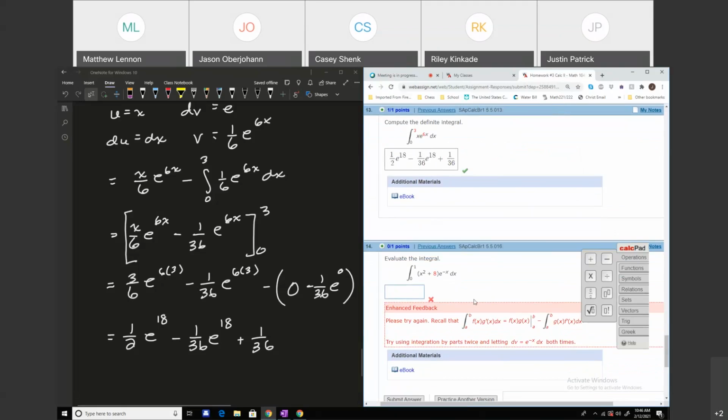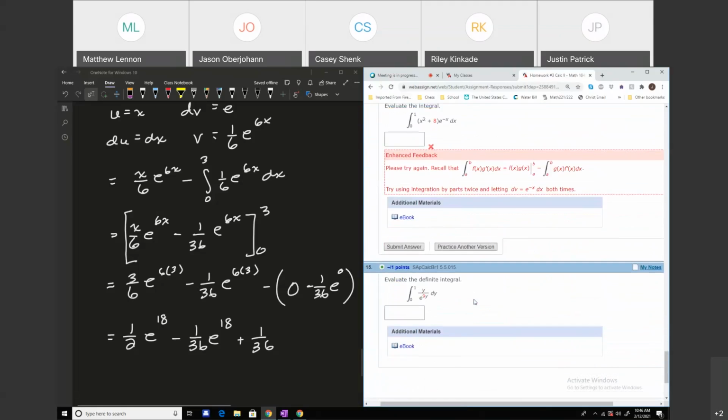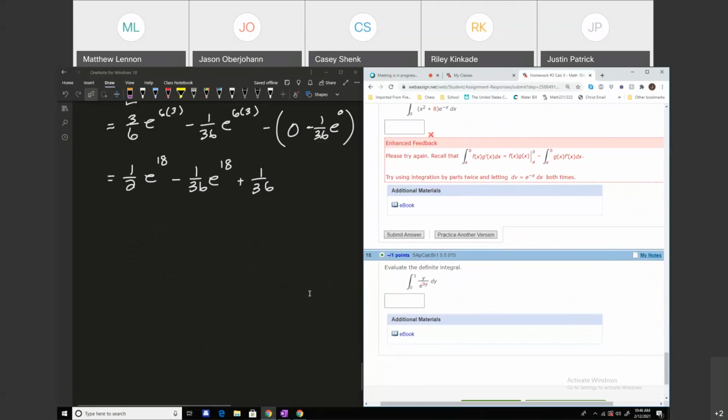Okay, so let's go ahead and look at 15. 15, all you really want to do is rewrite the bottom part of the integral. So you've got the integral from 0 to 1 of y over e to the 9y dy. So the way to think about this, again, is to rewrite the problem first as y times e to the negative 9y dy.